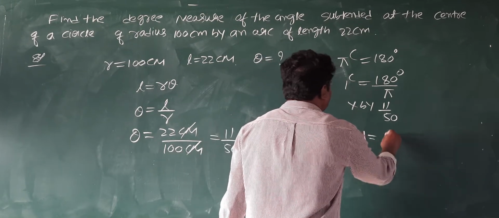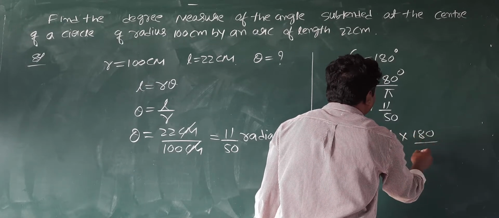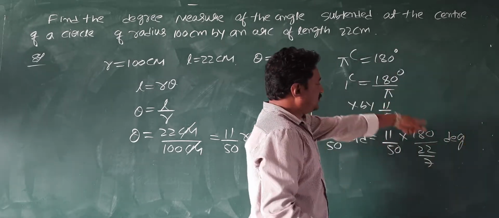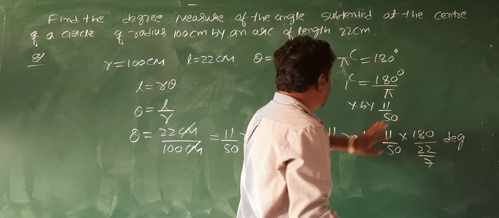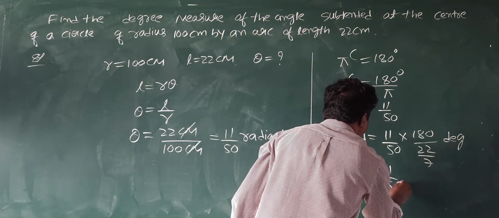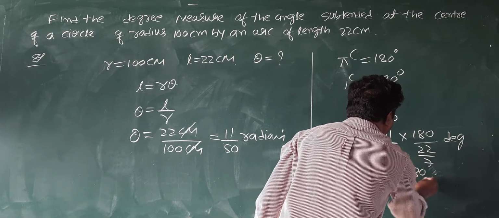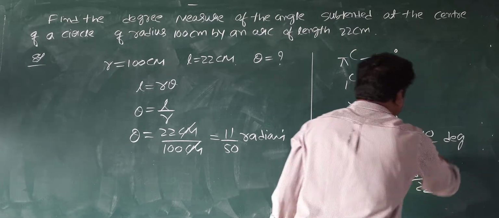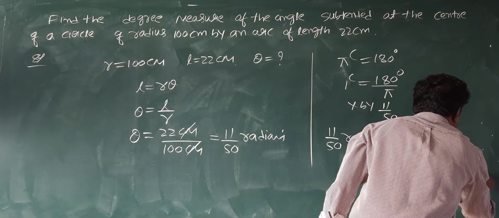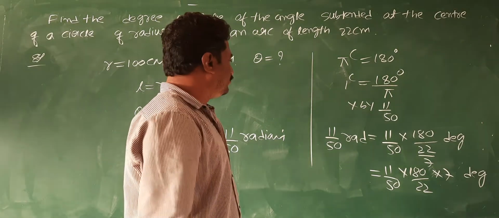This is equal to 11 by 50 into 180 by pi, where pi is 22 by 7. This is in degrees. Simplify that: 11 by 50 into 180 into 7 by 22, reversing it so 7 goes to the numerator.